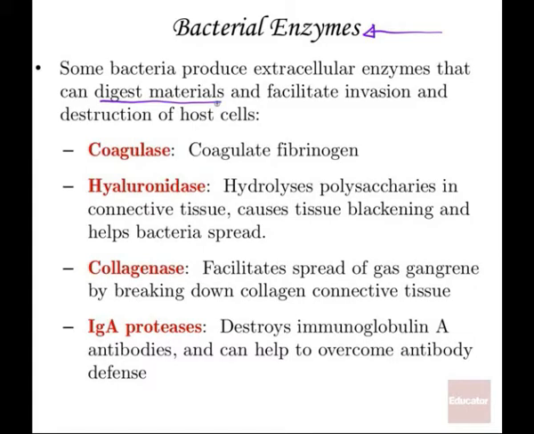Depending on what the enzyme is, it can coagulate fibrinogen, hydrolyze polysaccharides, or spread gas gangrene, and IgA proteases can work directly to destroy immunoglobulin A, which is an antibody produced by the host. These enzymes can destroy host tissue, but also overcome host defenses, especially the IgA protease.